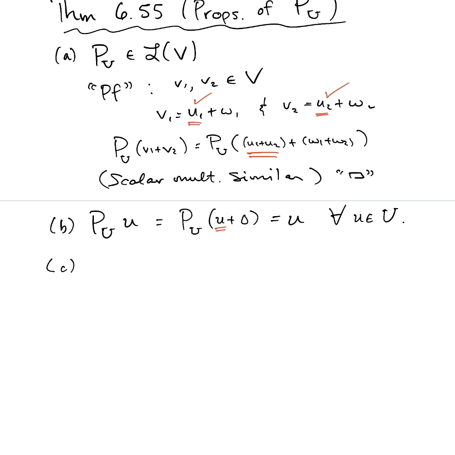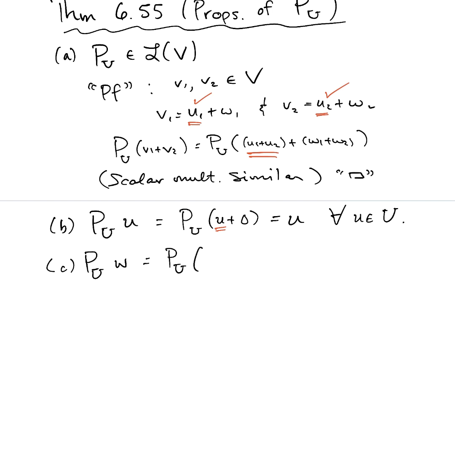Let's try another one. Well, we just figured out what happens when you do the projection to something that's already in U. What happens when you do the projection to something that's already in the green? Okay, so imagine you were going to do the projection of W, and you're thinking of W as belonging to the green blob. How do you think of this in the direct sum?